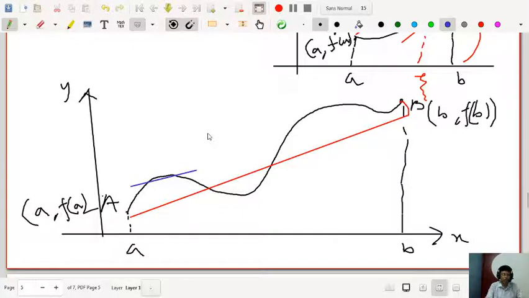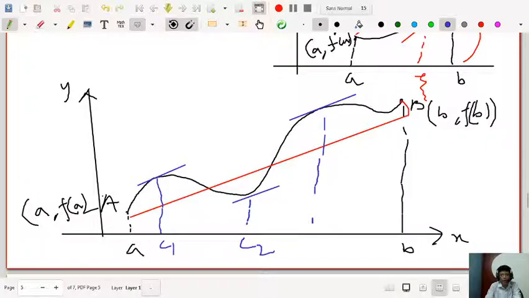parallel to the chord. This is 1, 2 and 3. So this is your C1 point where the tangent is parallel to the chord line segment, C2 point and C3 point.